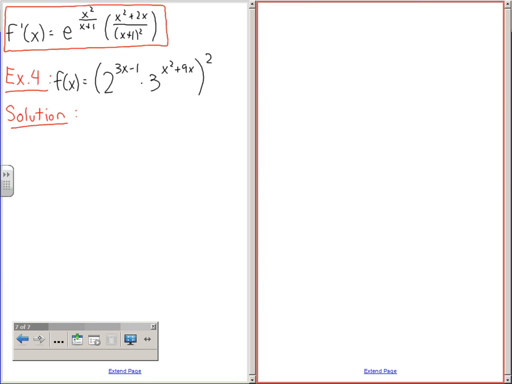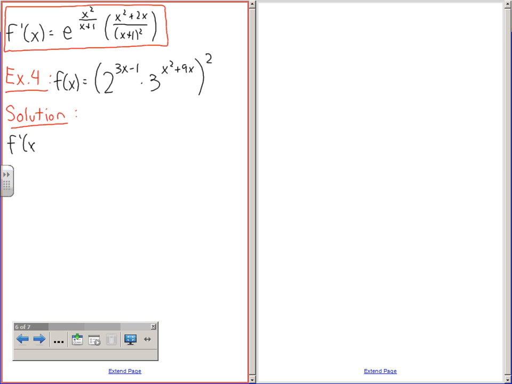I'm going to say f'(x) is equal to, I'm going to take this 2 and bring it down. I'm going to use a giant chain. Then times the derivative of the inside. The derivative of the inside will be a product rule. So next I'm going to take the derivative of this.